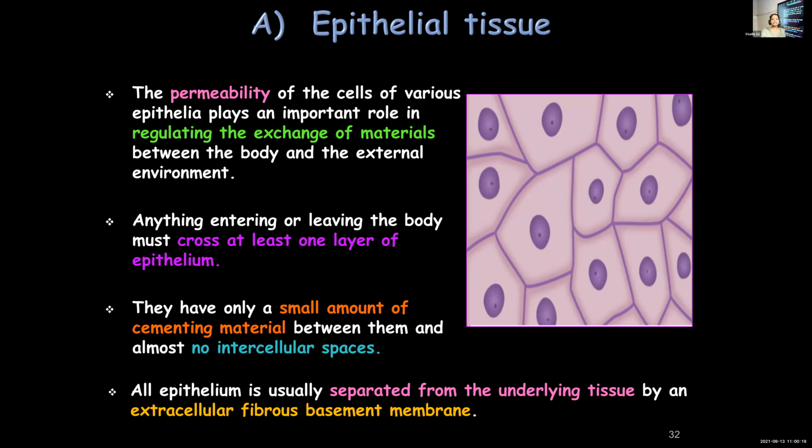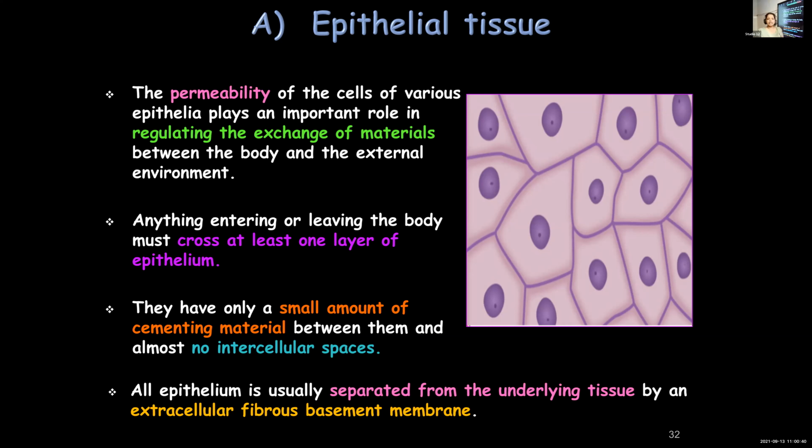Only then materials can be exchanged between the external environment and our body. Any particle entering or leaving our body should pass through at least one layer of epithelium. So it's providing protection. It is deciding what should enter and what should leave our body.